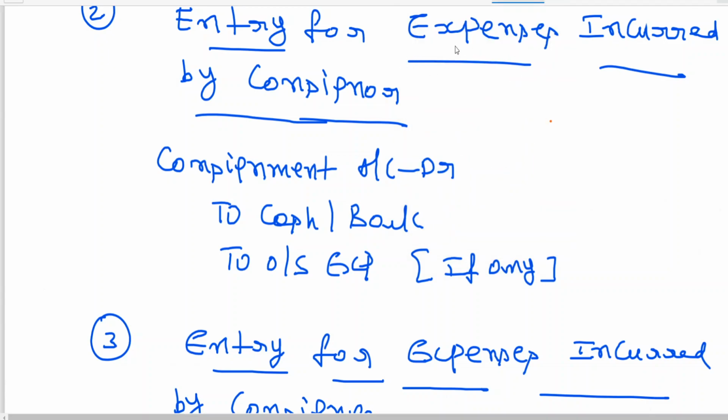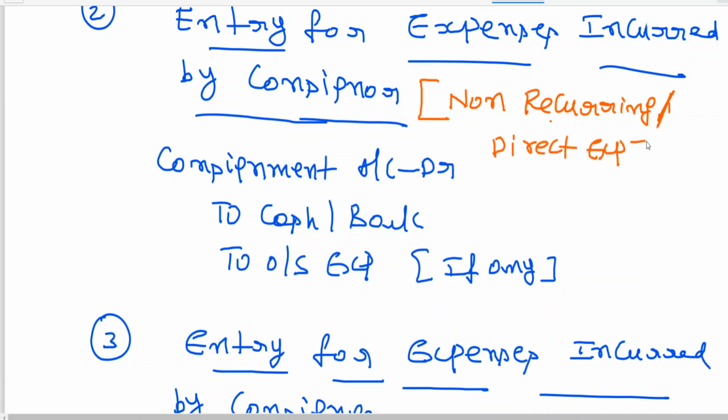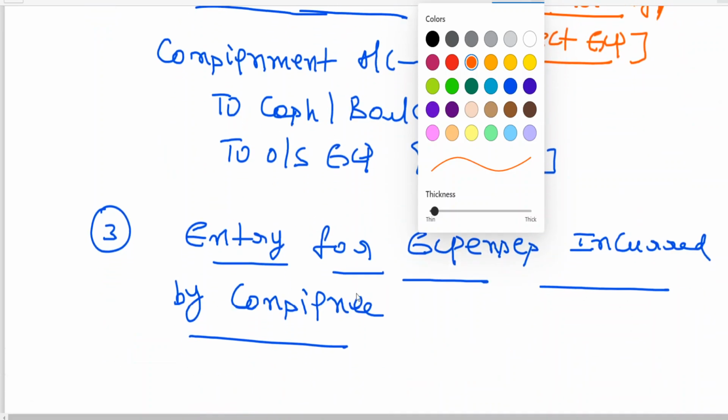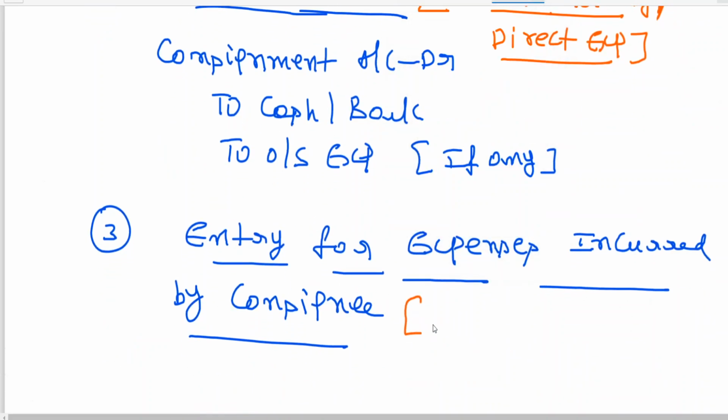Now here I wish to tell you one thing. Consignor expenses are always non-recurring, or they are also called direct expenses. Remember, consignor expenses are always non-recurring expenses. What are they? I'll share it with you. But consignee expenses may be recurring or non-recurring.